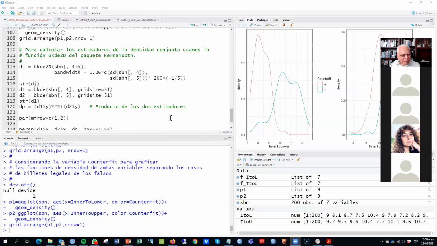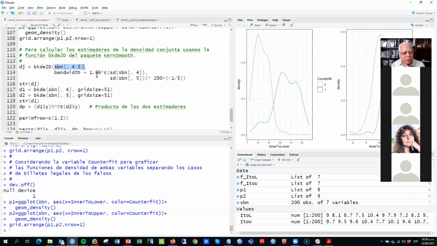Okay, now let's estimate the joint density. To estimate the joint density for two random variables, we use the function bkde2D from the package KernSmooth. For this, we're going to use the two variables, 4 and 5, the inner to lower and inner to upper. The syntax of the function says: give me the variables that you want to plot and which bandwidth I'm going to use.